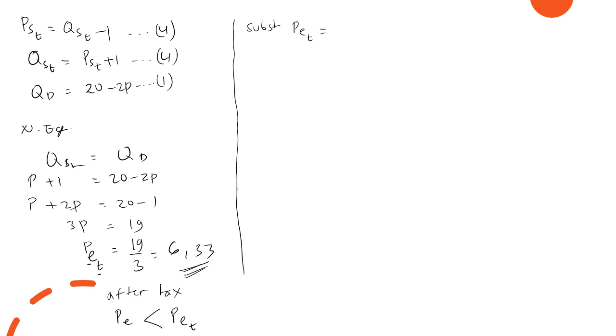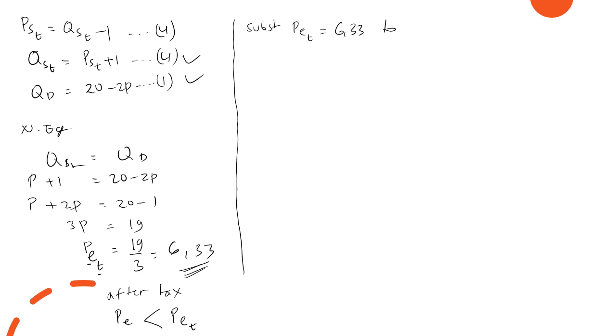We go back again to the equilibrium with tax, 6.33. Now be careful. You have to put the PET into QST or QD. Don't put it into the function of QS without tax. Do not put it into that. Remember it.